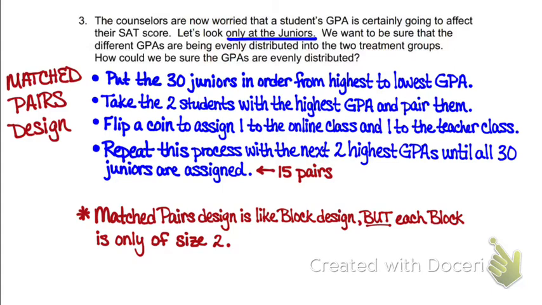And again, we're going to use designs like this to try to control for confounding variables. We could use a matched pairs design and an overall block design. I could take all of my seniors and pair them up. I could take all of my juniors and pair them up so that I've got these 2 big blocks, and inside of each of those I've got all these little blocks set up.